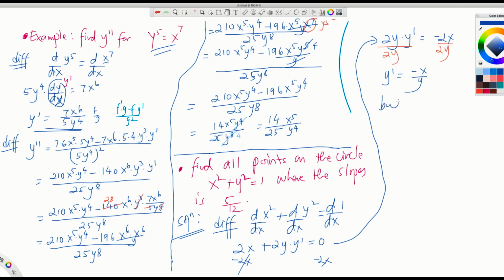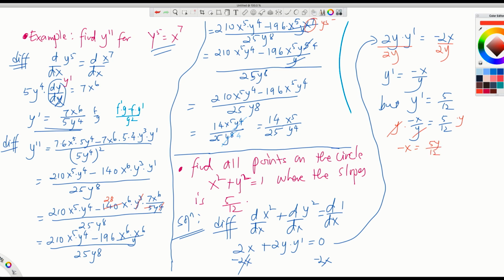But you want to find all the points where y prime equals 5/12, right? So what is y prime? Negative x over y equals 5/12. You see that? So if you multiply by y on both sides, what do you get? The y will cancel out on the left, and then multiplied by y on the right. So what you get is negative x equals 5y/12.